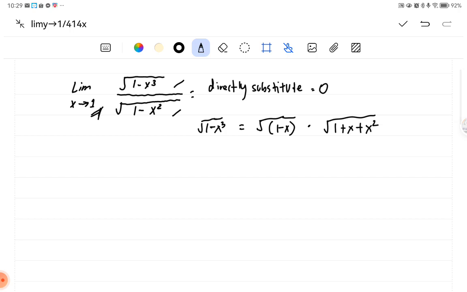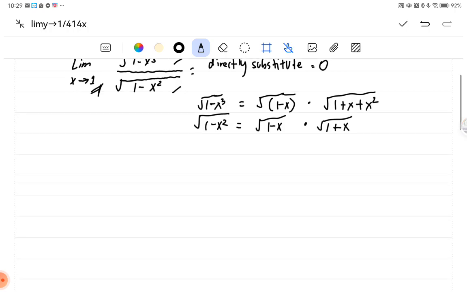So that would be the factors. And then the factors of the square root of 1 minus x squared are simply the square root of 1 minus x multiplied by the square root of 1 plus x. So let's try and solve.